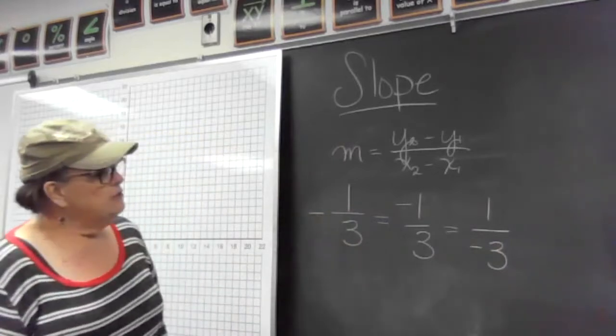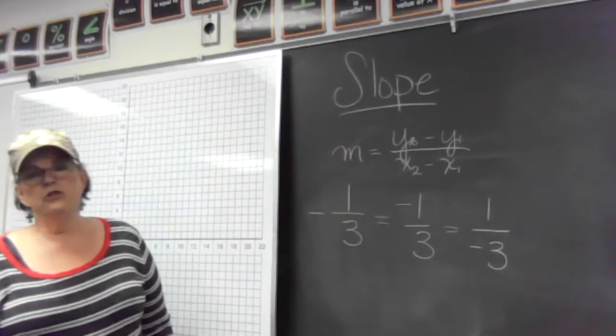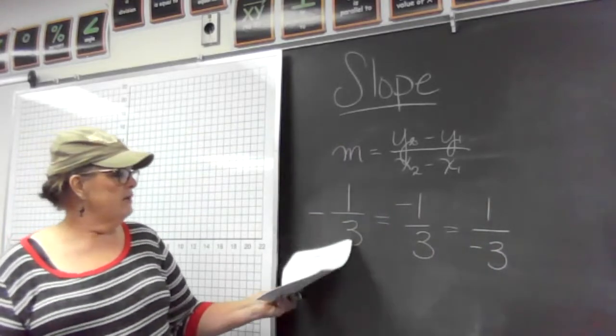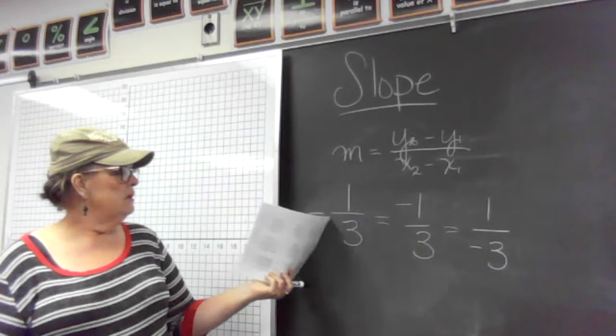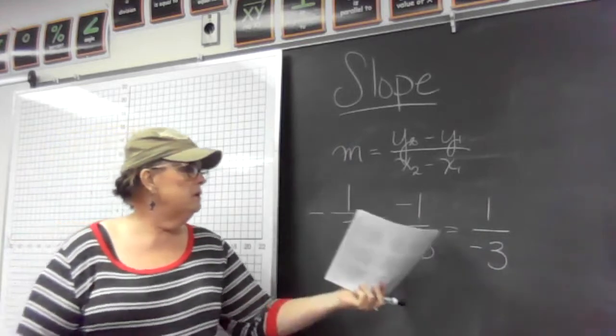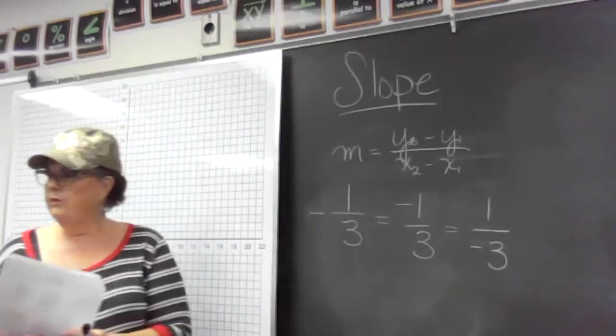It does not matter if it's on the top or the bottom. They're all the same. Just don't put 2 negatives. A negative fraction can have this negative be anywhere it wants to be. It can be up here, it can be down here, but they all mean the same thing. You okay with that?